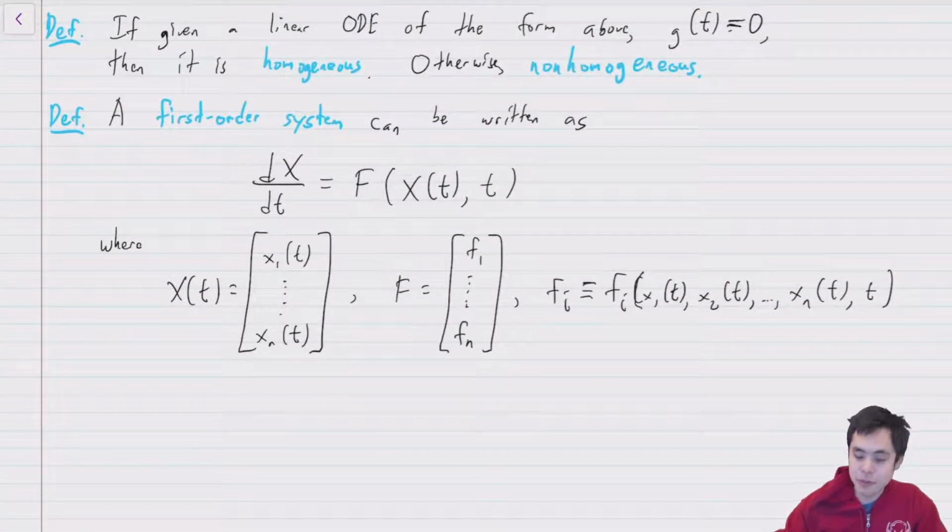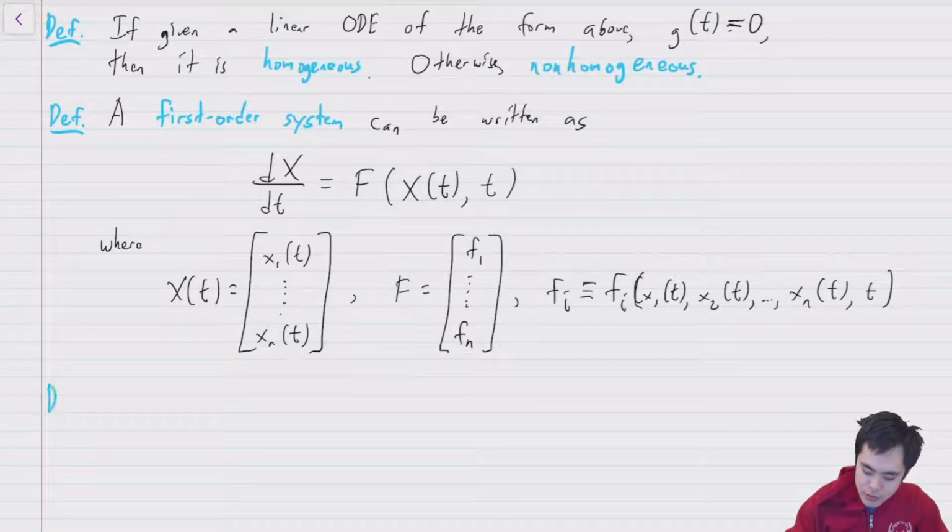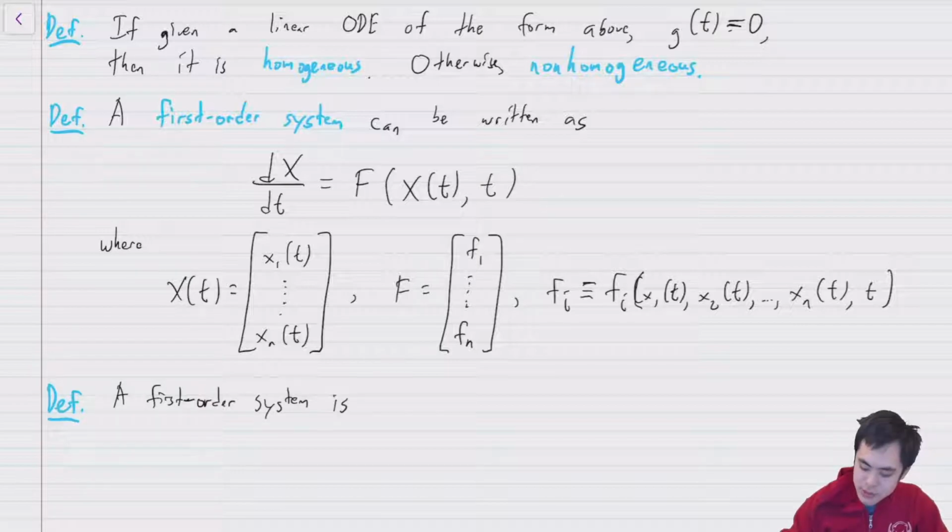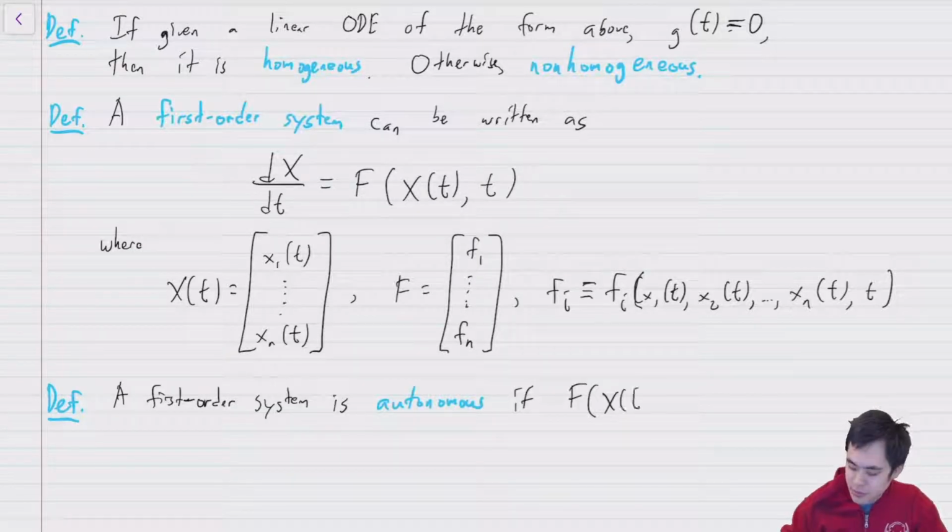And we have the same definitions of autonomous and linear, homogeneous, and all that for systems of equations. So a first order system is autonomous if f of x of t has no direct dependence on t.